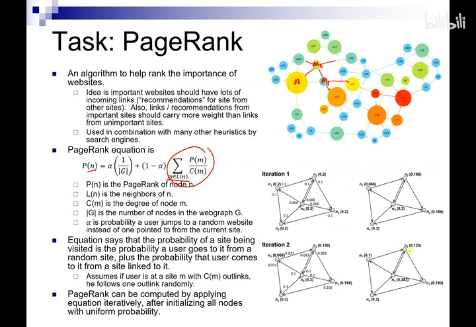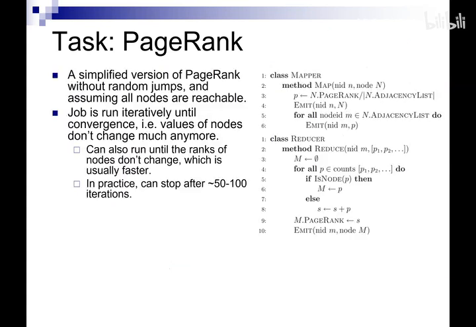So for example, over here, the node with the highest probability has the highest rank, then this one has the second highest rank, third, fourth, and then fifth. So you can also just keep running this algorithm until the ranks themselves don't change, even though the probabilities might still be changing. And it can be faster just to wait till the ranks don't change. So in practice, you don't have to run this for too many iterations. You might run this for, let's say, 50 to 100 iterations.